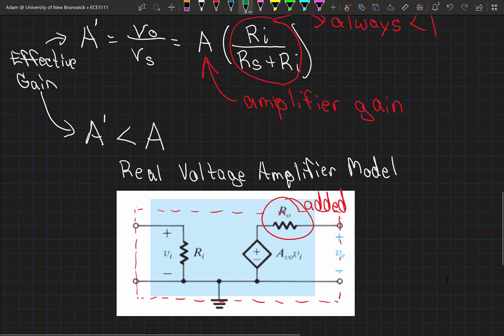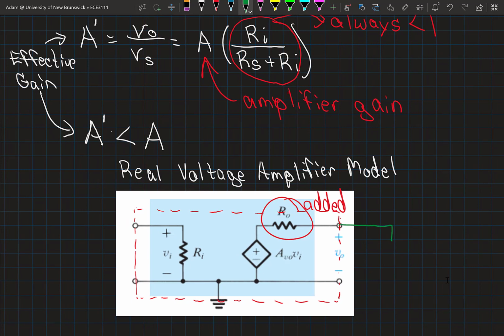Now when I put a load on this, we see that I have to account for this output resistance that's here and the impact on the voltage that appears at the output.